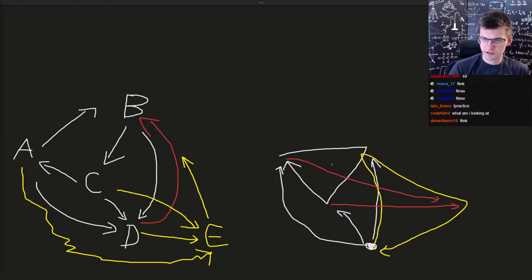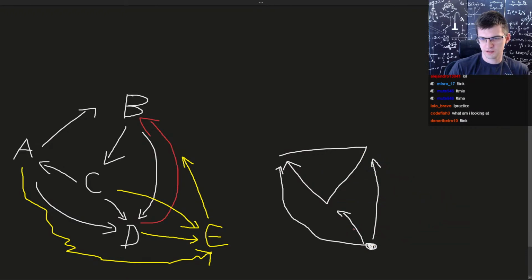I see a contradiction. From the white triangle, there are edges to this guy. This yellow also goes to the right. Cool. So this is impossible, which means that this is impossible. I mean, it's impossible if white is part of any other triangle.